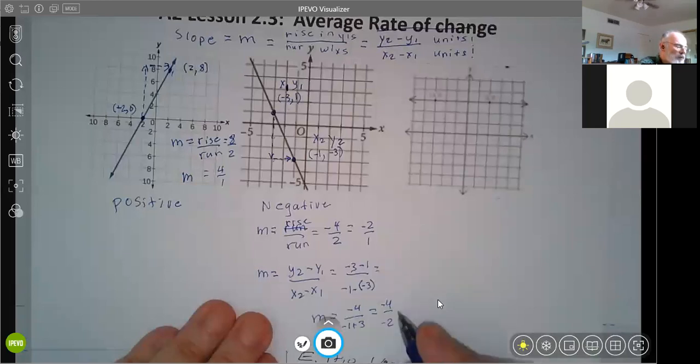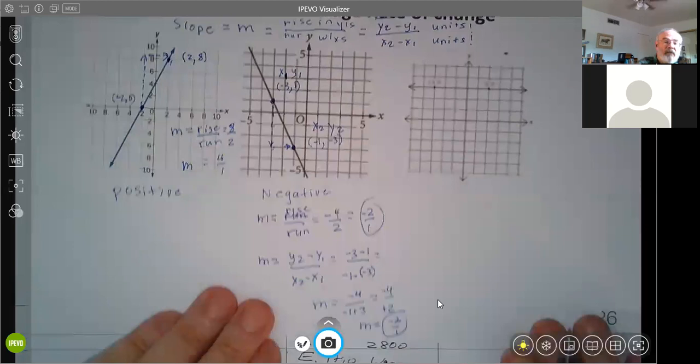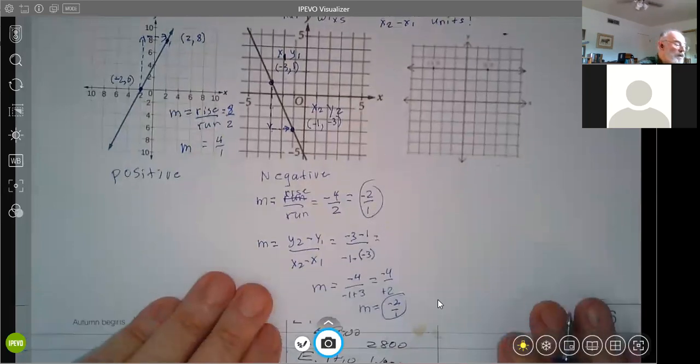And then again, that simplifies into m equals negative 4 divided by positive 2, which is, again, negative 2 over 1. So these are the same, okay? All right, so that's negative slope.